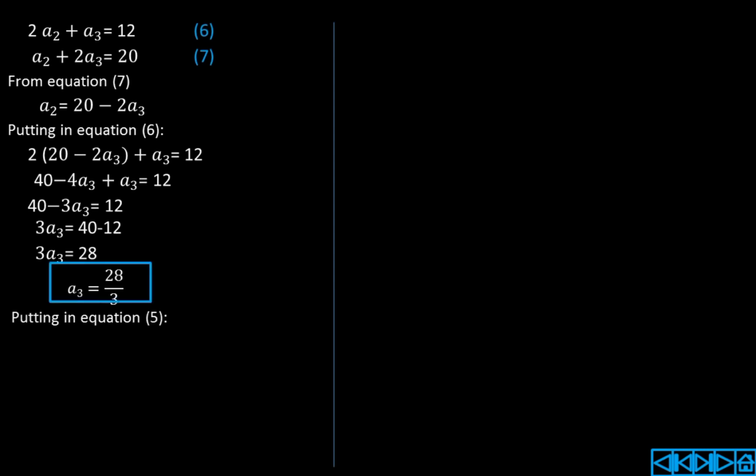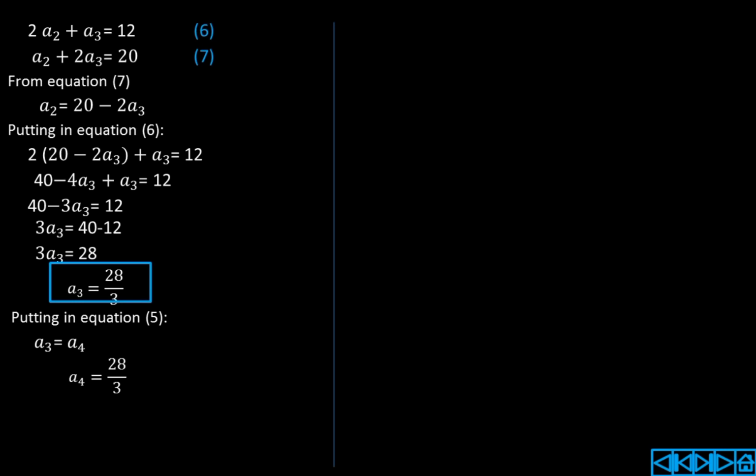So now we have the value of a3, and the last values that we have to calculate are a4 and a2. The a4 value we can calculate if we put the value of a3 in equation number 5. Equation number 5 here is a3 equal to a4.